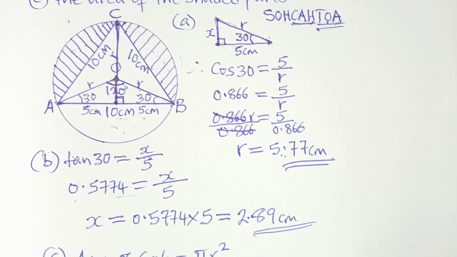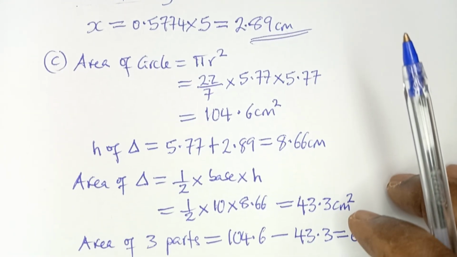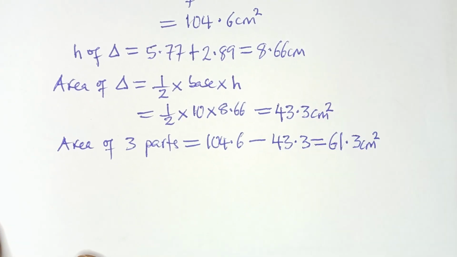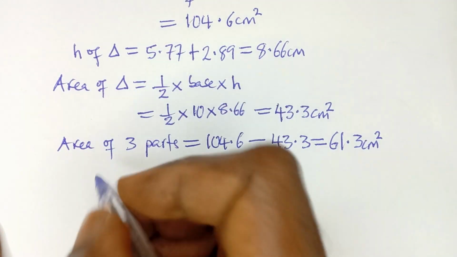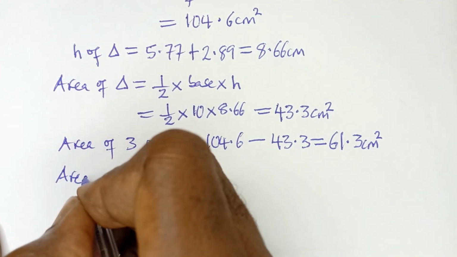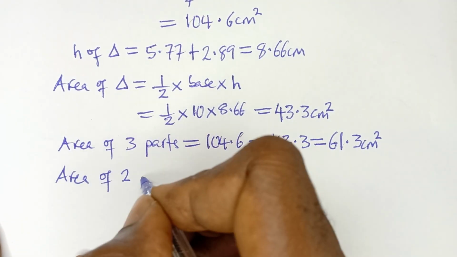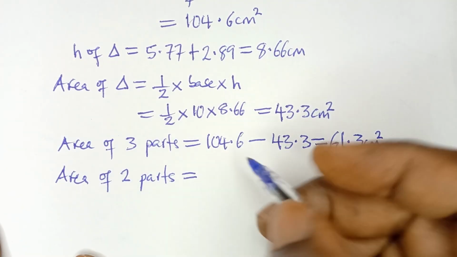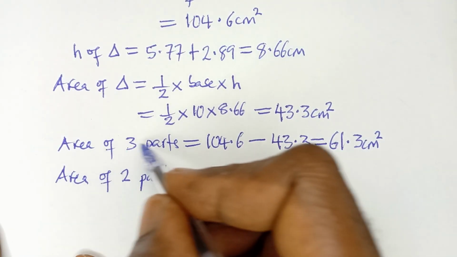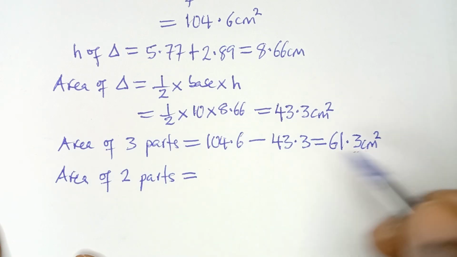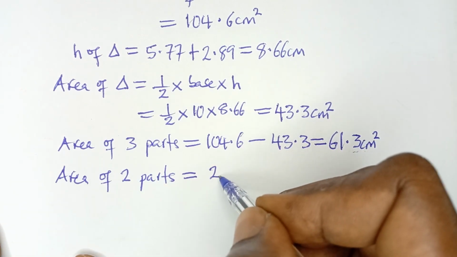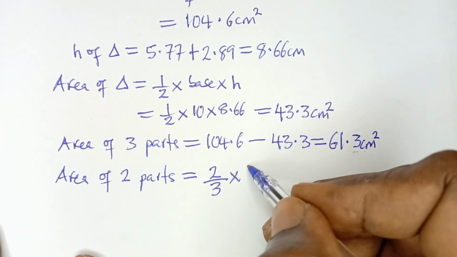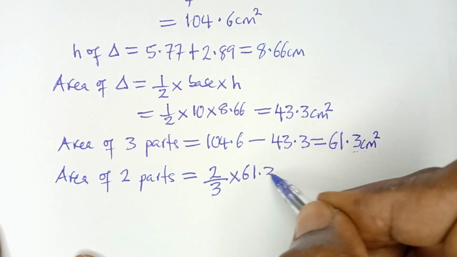So I'll now say area of two parts, which means the area of the two shaded portions, will be equal to 2/3 of the area of the three parts, which is 61.3.